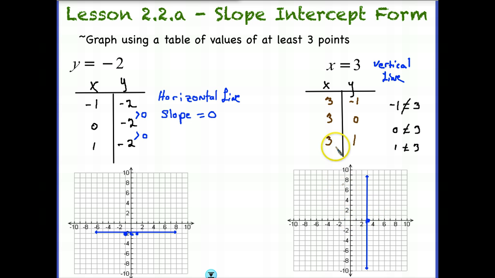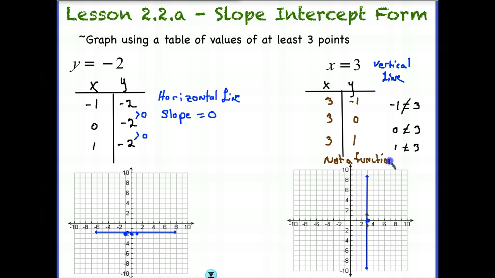And this is what I've drawn. So at 3, I have a point here at -1. Also at 3, I have a point at 3, 0, and I have a point at 3, 1. This is a vertical line. But in this case, this is not a function. Okay, this is not a function. A vertical line is not a function.